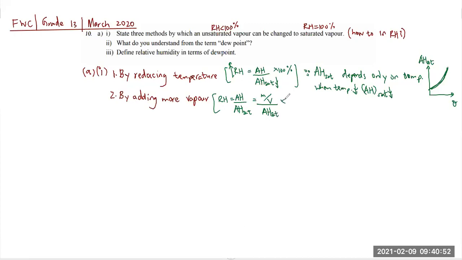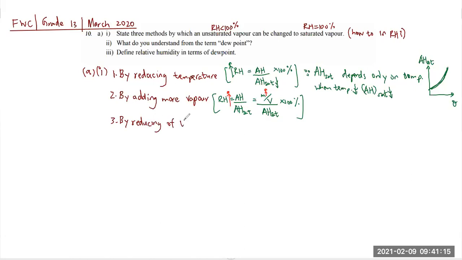Why mass over volume? Mass is mass of water vapor. Volume is volume of the room or chamber. Now when you increase M, that is when you add more water vapor, RH is definitely going to increase. That is another method. And the third method is by reducing the volume of the chamber.